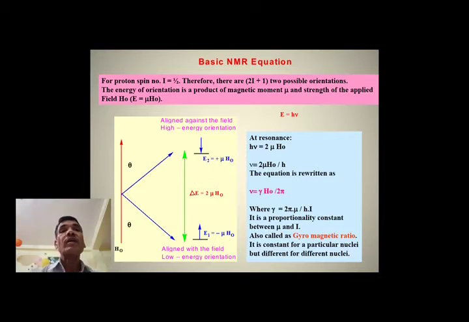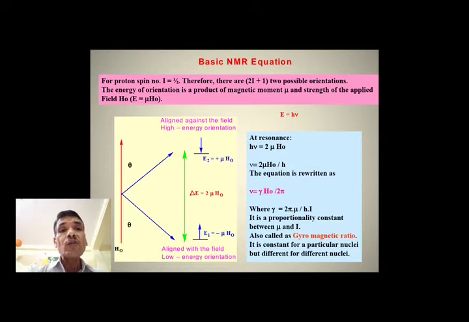Therefore, the energy of the molecule E can be calculated as E is equal to mu into H0, where mu is the magnetic moment generated by the spinning nuclei and H0 is the value of the externally applied magnetic field.